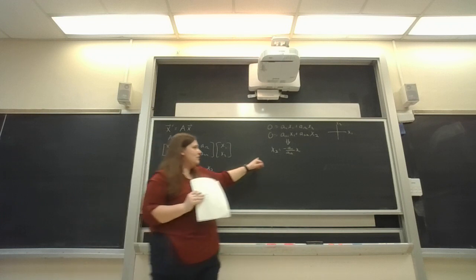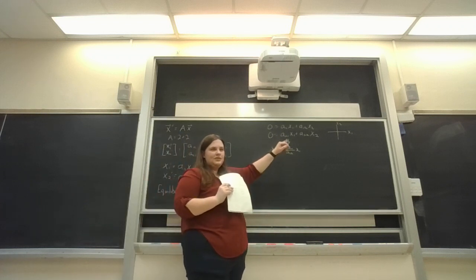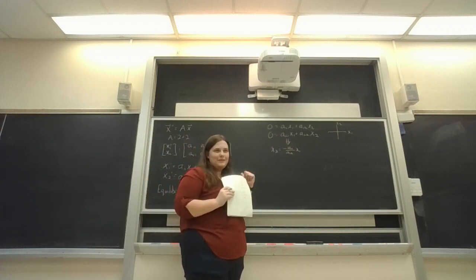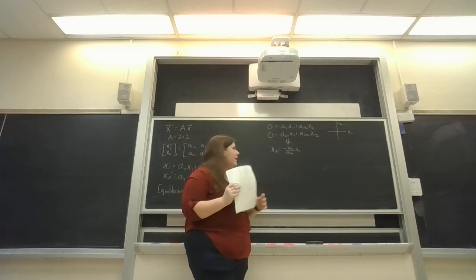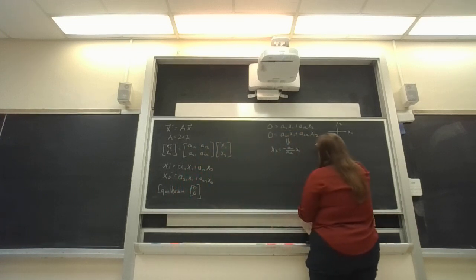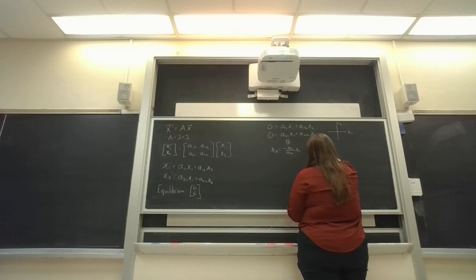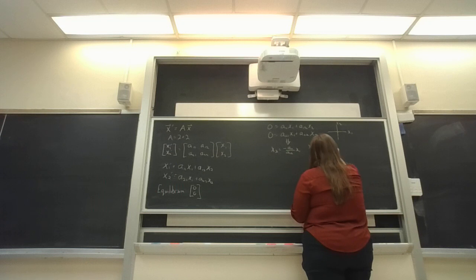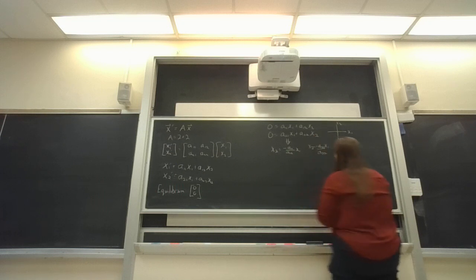So my x2 intercept is 0. Then if I do the same thing over here, I have x2 equals negative a21 x1 over a22.